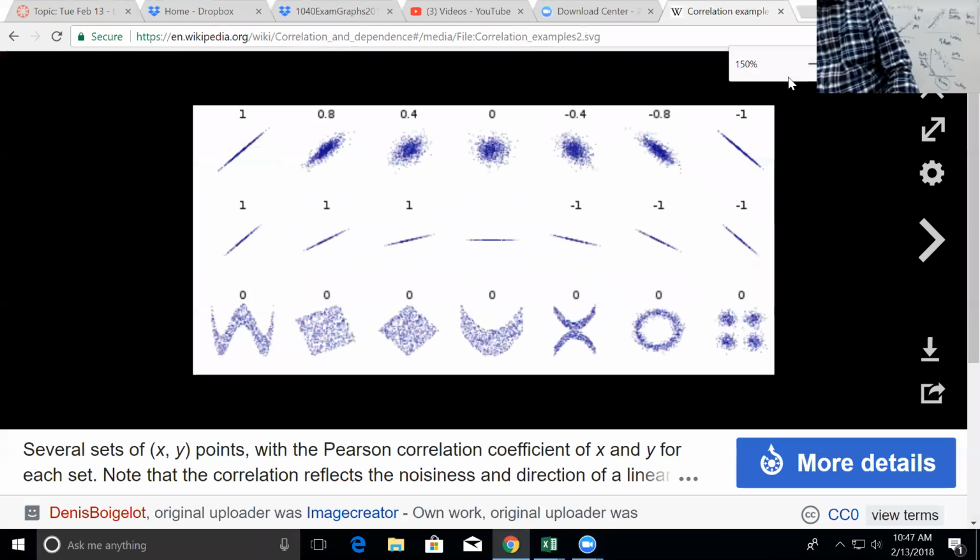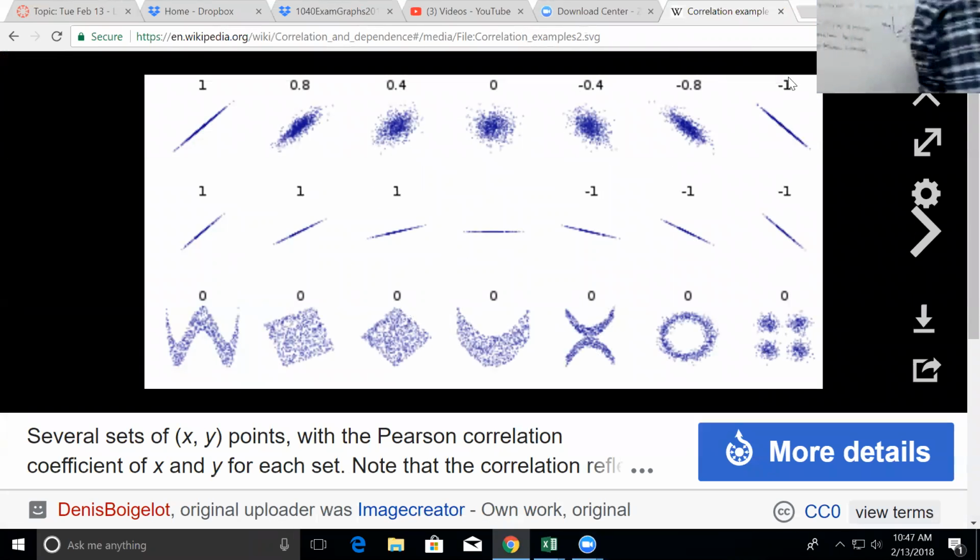Now the thing that I want to talk about, so these are some scatter plots. They don't have a scale on here, but the one thing that I want to point out is you can see here, these are all perfectly correlated. Oh, I should also mention, okay, I'll write that on the board even though I'm sharing this.